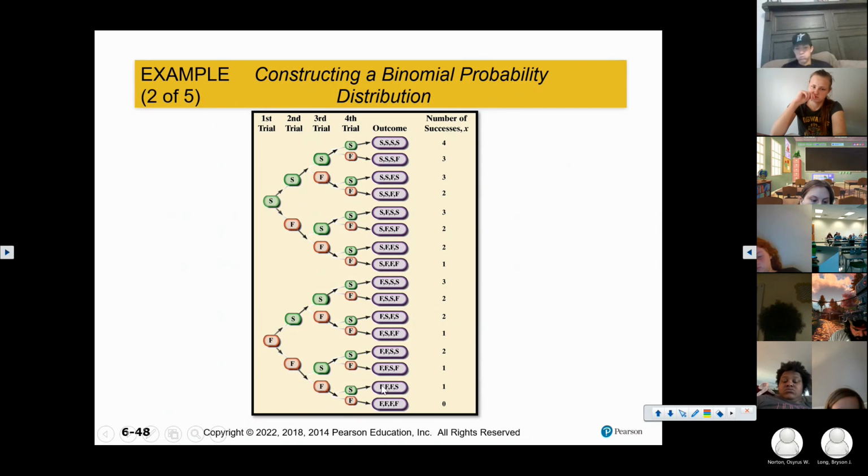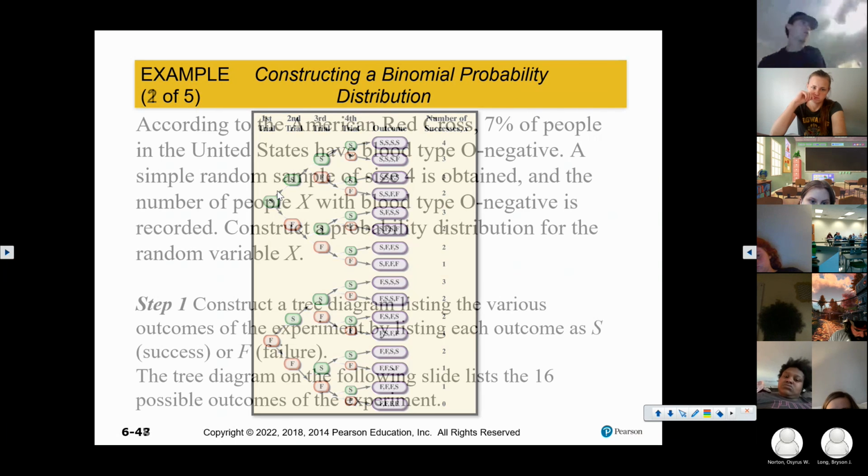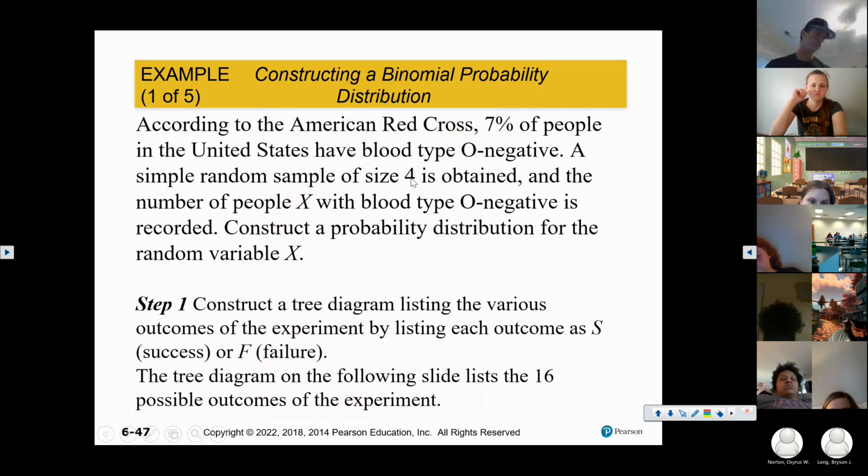Sample space. Remember the 4 children? You can go back to the 4 children and you'll get 16, 2 to the fourth power, because you either have male or female. This is either O negative or not O negative.